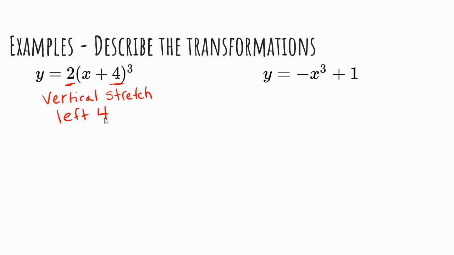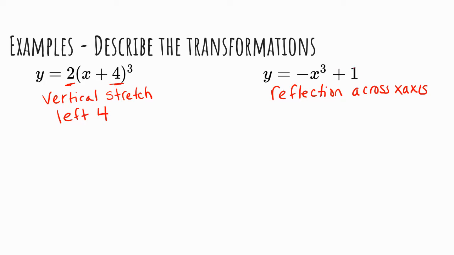Looking at the second example, we have a negative and then a plus 1. That negative that's right in front of your x to the third is an a value, which means we have a reflection across the x-axis. Now, this plus 1 is a k value. Notice the difference between our first example and the second example: plus 4 was inside the parentheses, which made it an h value.